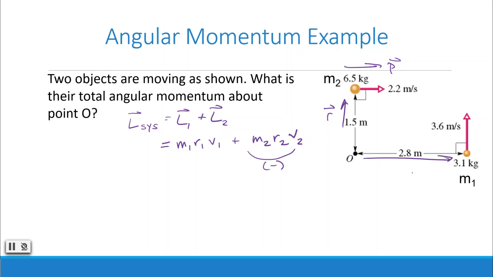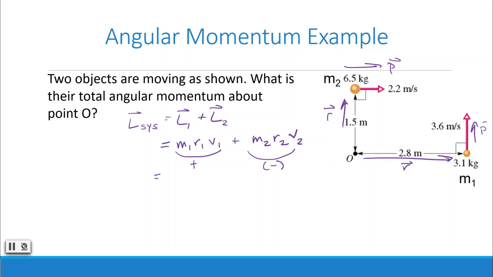If I do that over here for m1, fingers in the direction of r, palm in the direction of p, that's actually creating an angular momentum that's out of the page, which is going to be a positive angular momentum. So these actually have angular momentums that are partially canceling each other out, even though they're not actually rotating.